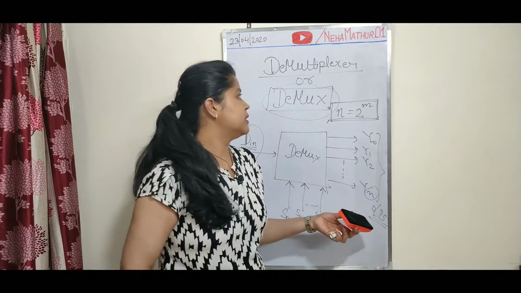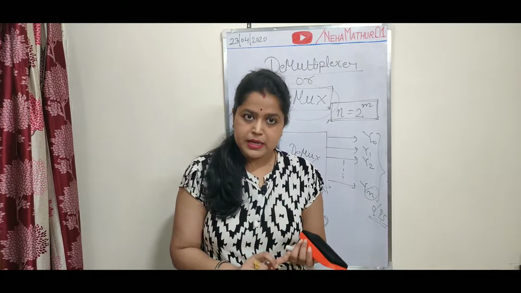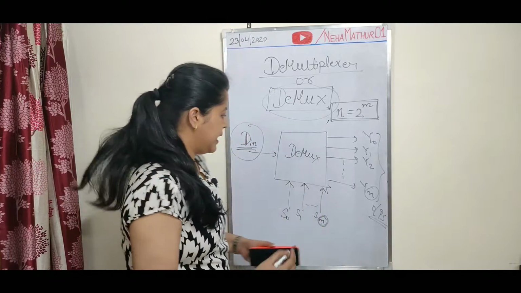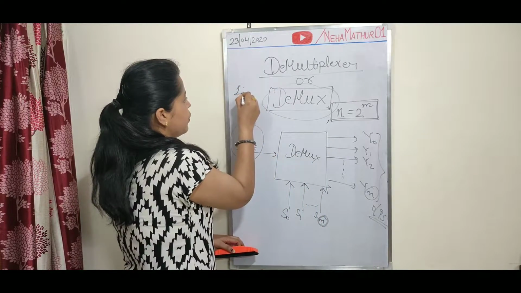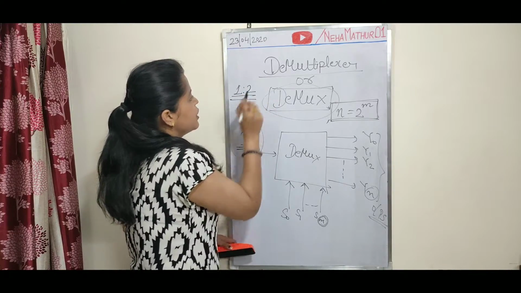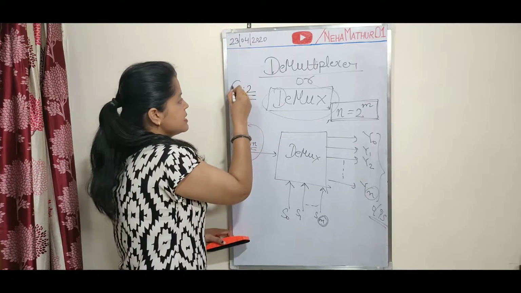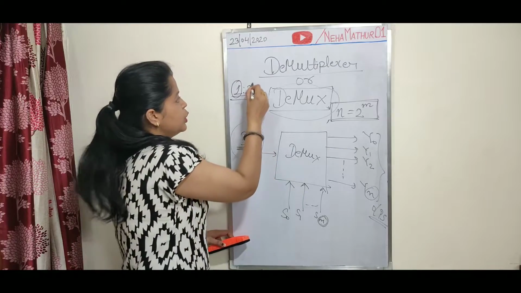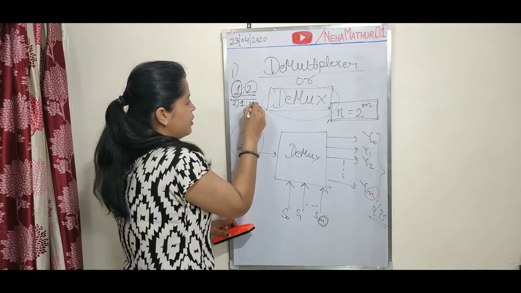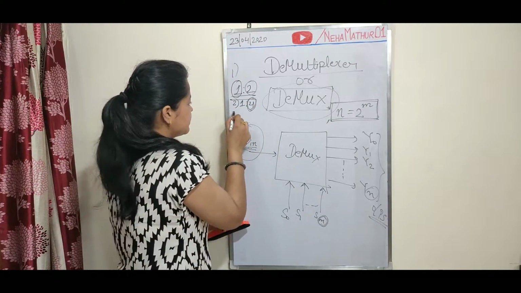Now we'll deal with the categories or types of demultiplexer. Like multiplexer, demultiplexer is also categorized into a number of categories. Sorry, we will start from 1:2. That means a demultiplexer in which you will have only a single input and 2 outputs. The second category is 1:4, in which you will have 4 outputs.